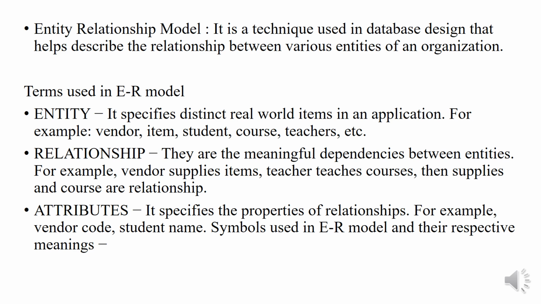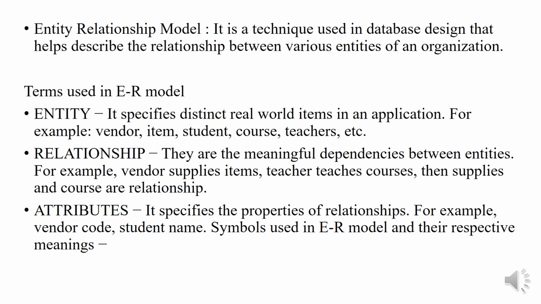Entity relationship model, which is also called the ER model, is a technique used in database design that helps describe the relationship between various entities of an organization. As you see here, entities should be well defined and how they are connected to each other, and when they have to report, when they have to merge in terms of functionality, everything should be defined.